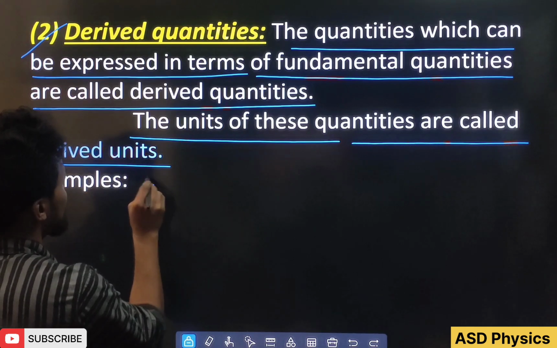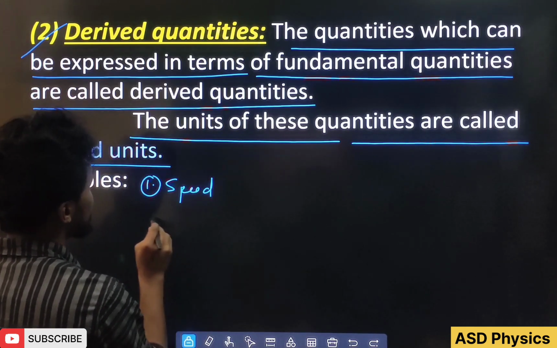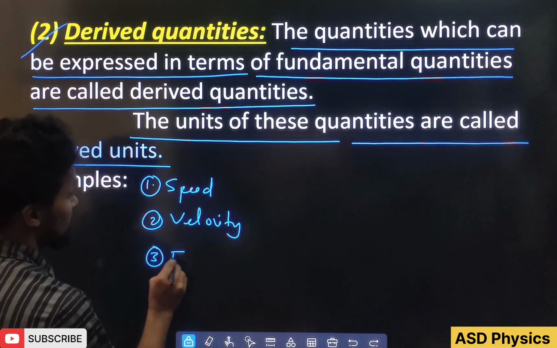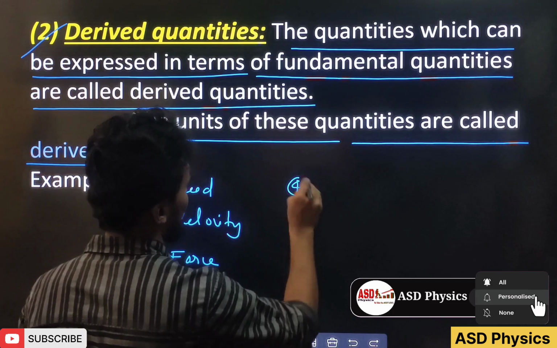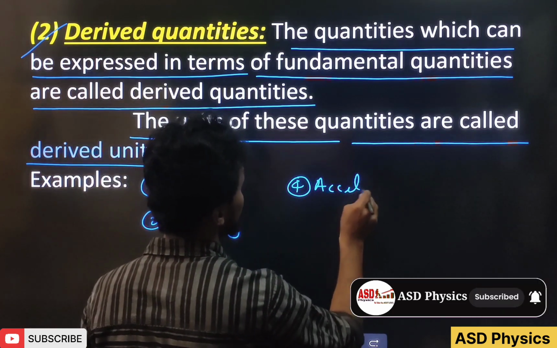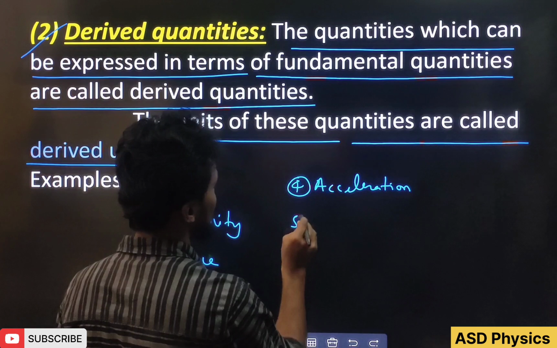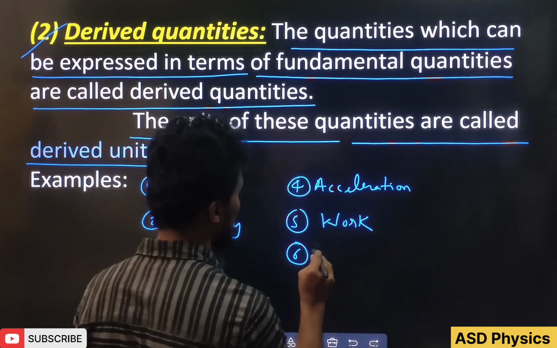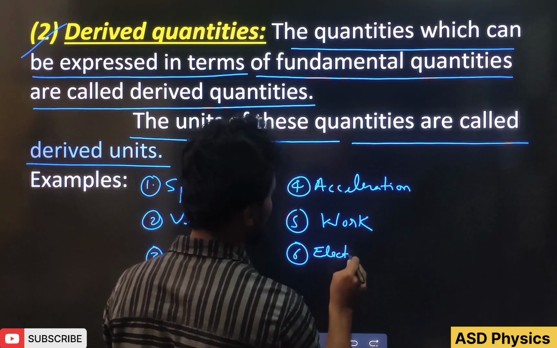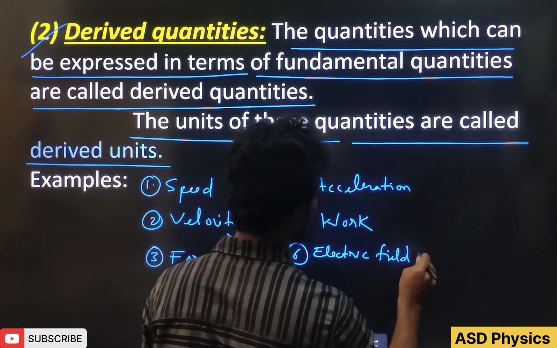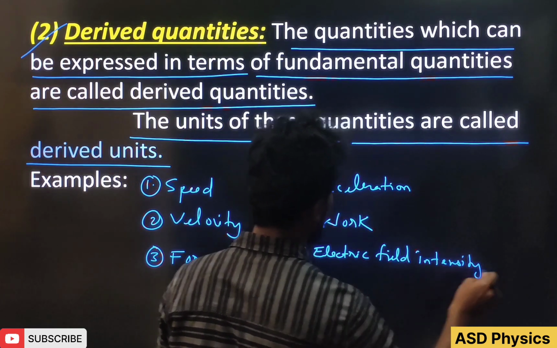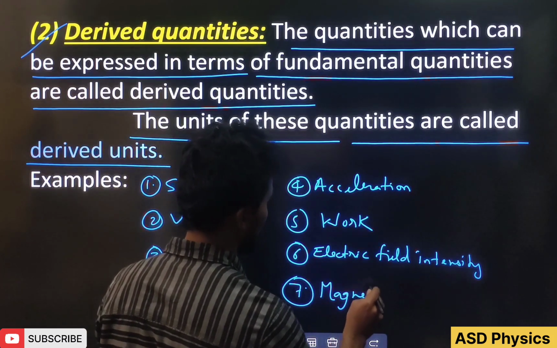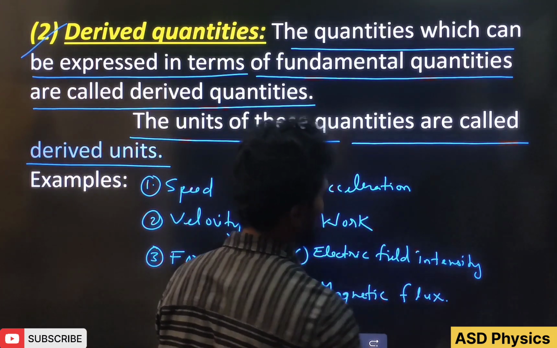Even if I talk about speed, velocity, I am writing here derived quantities. Even if I write force, or acceleration, they are all derived quantities. Similarly, work, and if I go to 12th, electric field intensity, magnetic flux, power, charge.